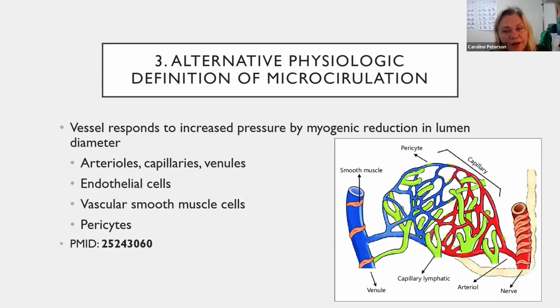We could also say, we need a physiologic definition of microcirculation. That would be related to vessel response to increased pressure. Vessel response is actually related to the muscle around the little venules and arterioles that change the lumen, or the inside of the arteriole, the venule, and the capillary.